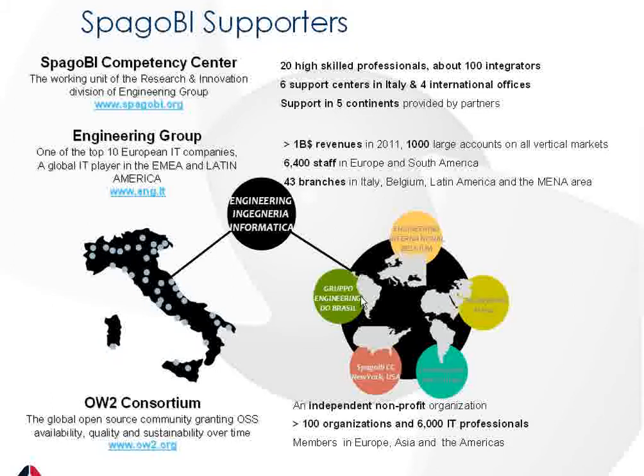The SpagoBI product is a complete open source business intelligence suite which is edited and supported by the specific SpagoBI Competency Center, which acts in the context of Engineering Group, an industrial systems integrator company based in Italy. And all the code of the SpagoBI project is hosted and managed by the OW2 Consortium, which is a non-profit organization that also provides all the tools for the SpagoBI community.